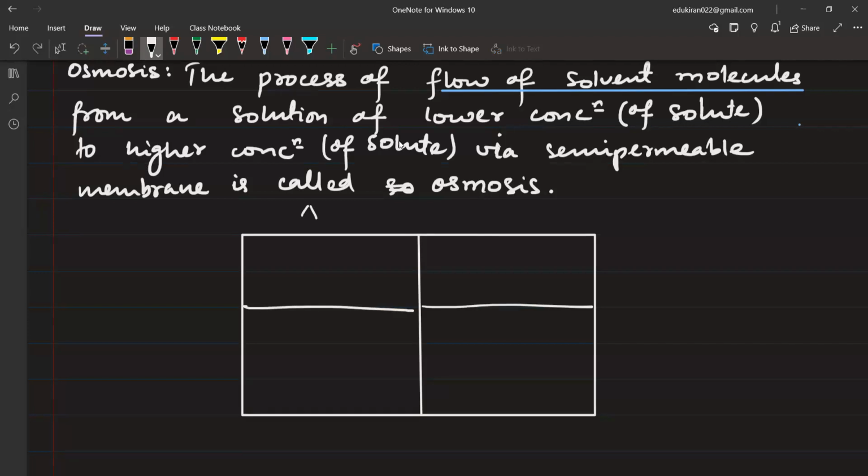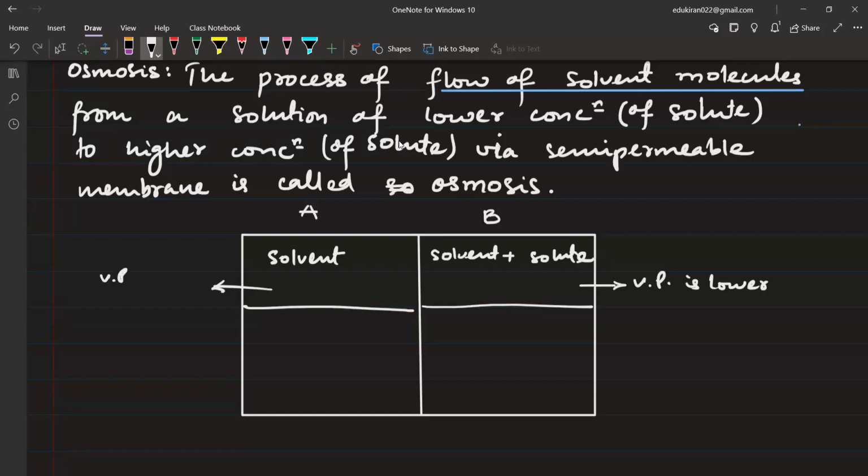This is chamber A and this is chamber B. In chamber A, let us suppose we have just solvent molecules, no solute. This is pure solvent. And here we have solvent plus solute. Because we have added solute particles here, the vapor pressure will be lower, and here the vapor pressure will be high.